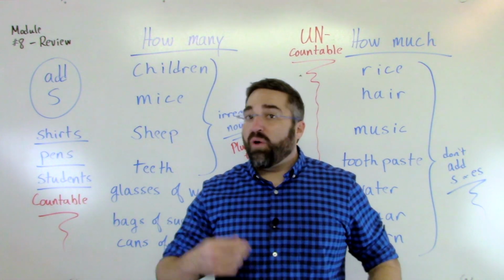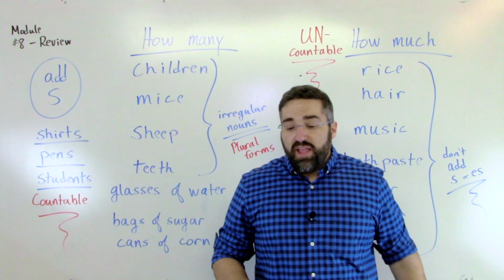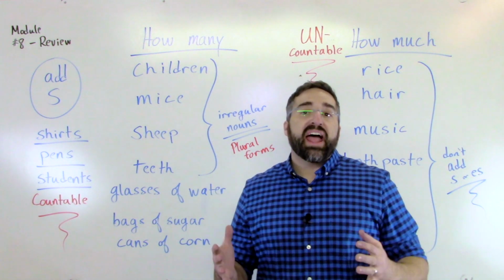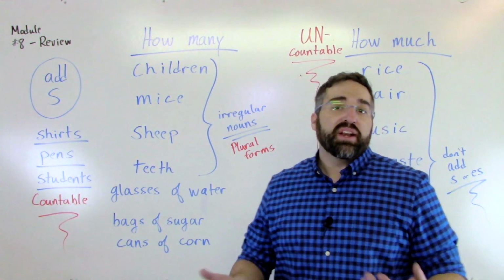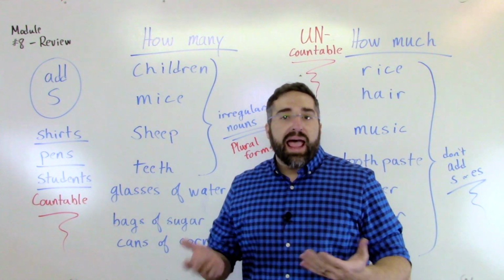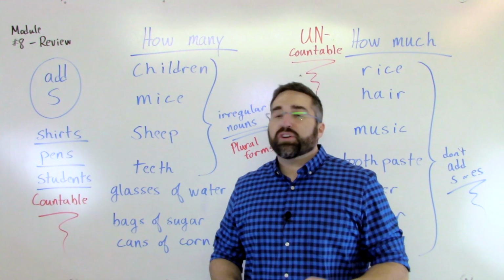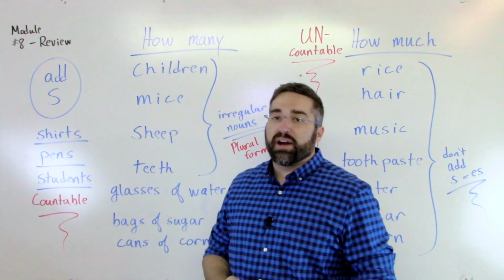So we need to talk about what we can and cannot count when it comes to these particular things. What we have here are nouns that we can or cannot count. Some things we can obviously count, like apples. You can easily count how many apples. Or crackers, let's say. You can count 1 cracker, 2 crackers, 3 crackers.